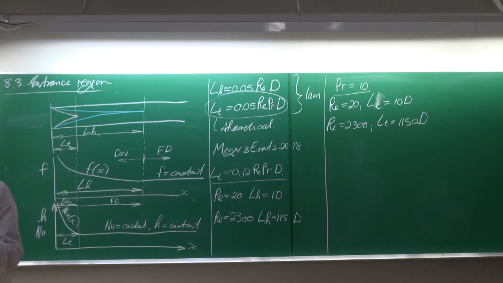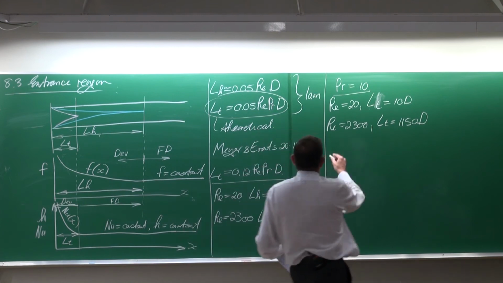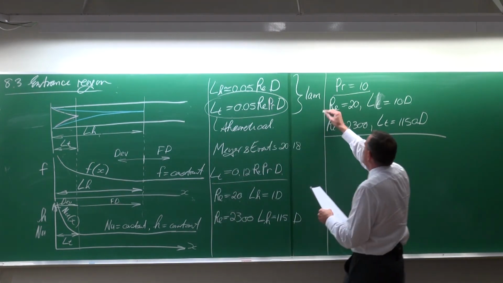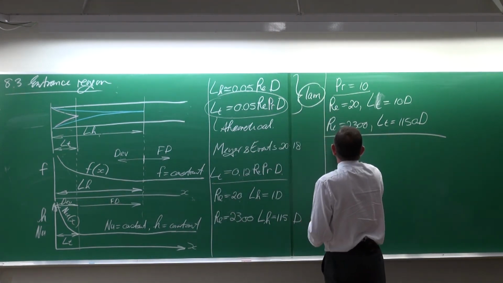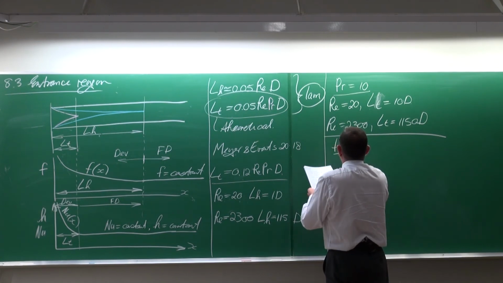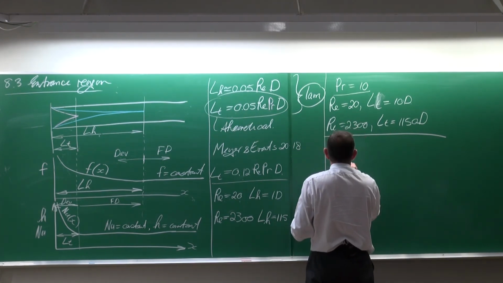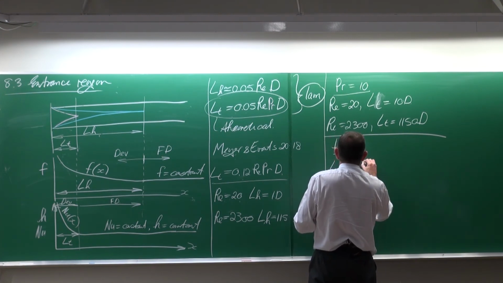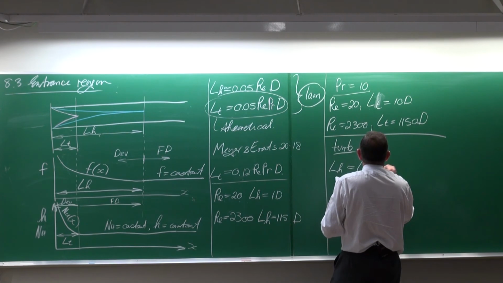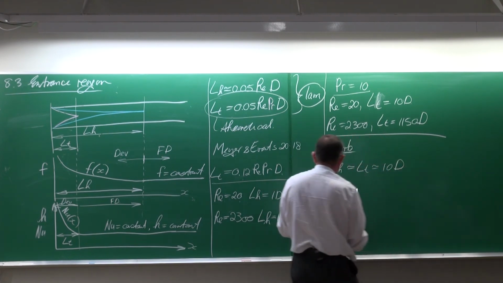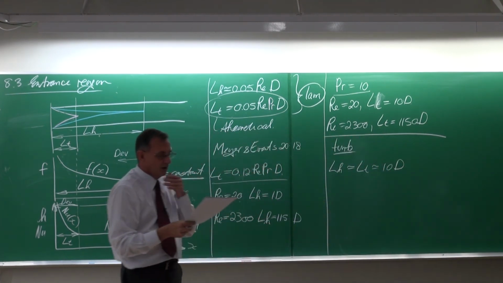So it is much quicker before it is fully developed. Now take note, those two equations are valid for laminar flow. If the flow is turbulent, then things become much easier. Then LH is approximately equal to LT, and that is 10 diameters. So within 10 diameters, the flow would be fully developed.